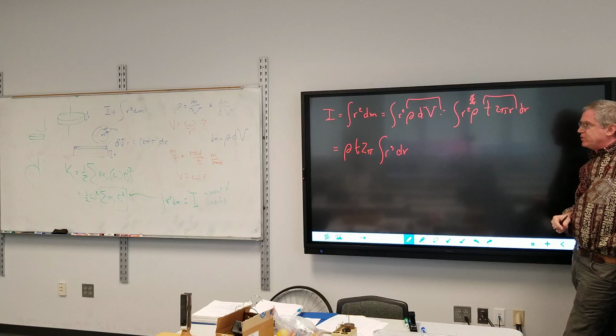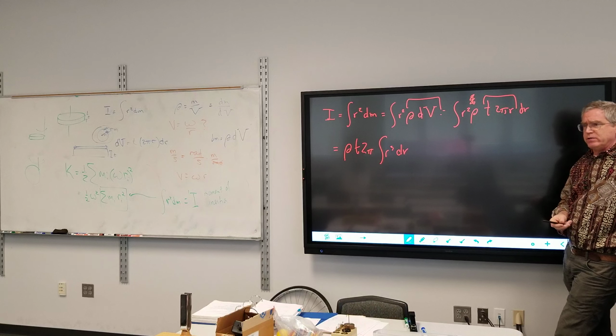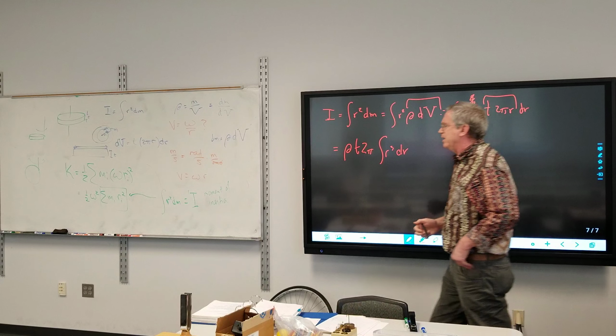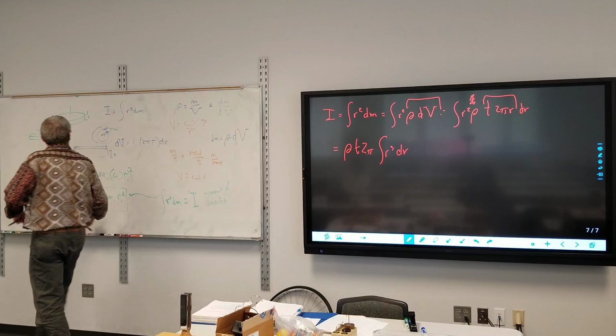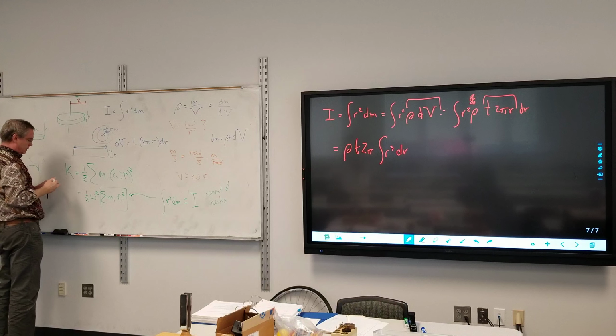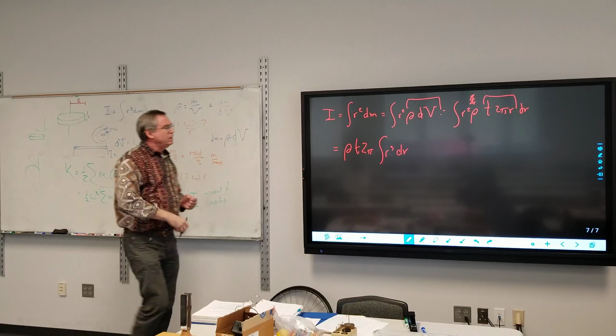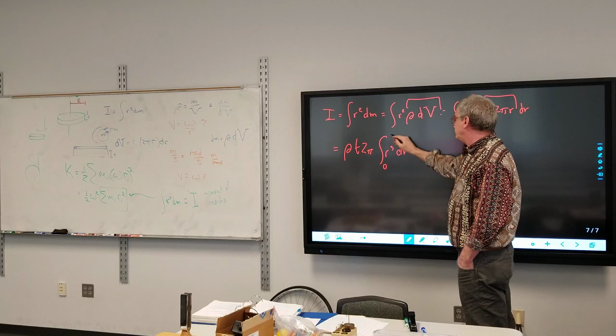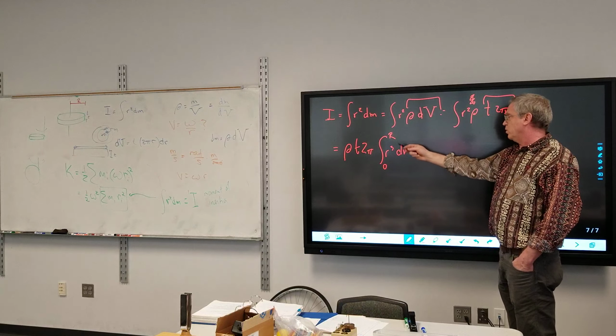I now have it in terms of a single variable, so now the limits of integration. What are the smallest and largest values of r? From 0 all the way up to R. Let's go ahead and define the entire radius as big R. So from 0 to big R. And what's the integral of r cubed dr?